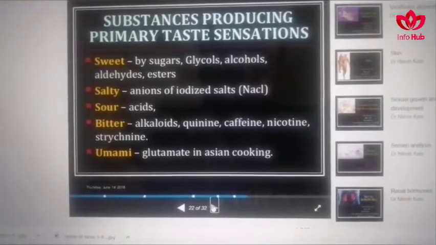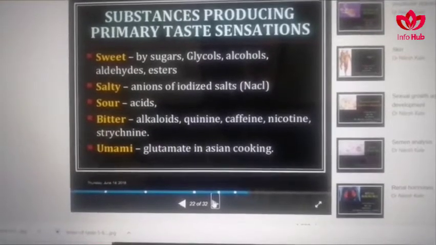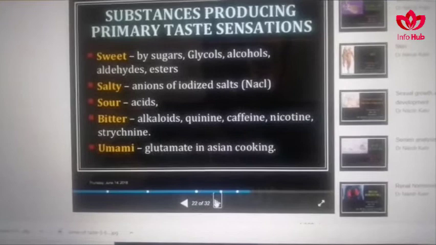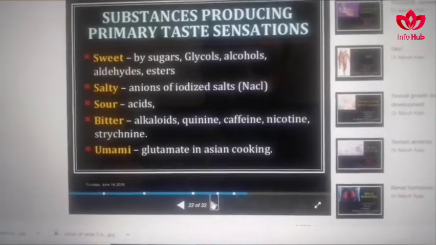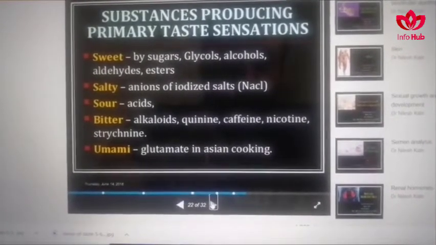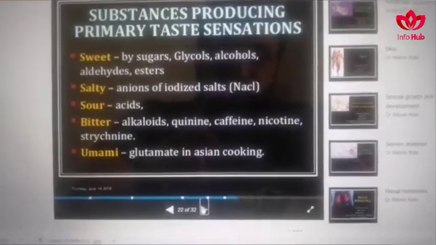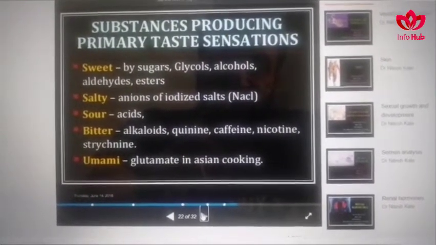Sweet taste can be felt in any part of the tongue because the taste buds contain various papillae, with various parts, each part detecting different tastes.